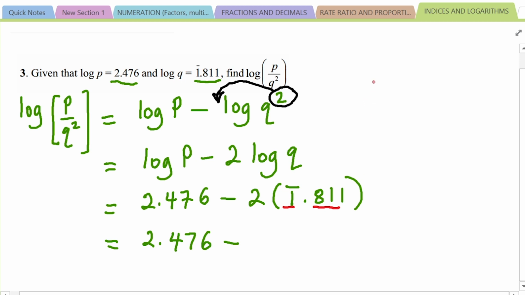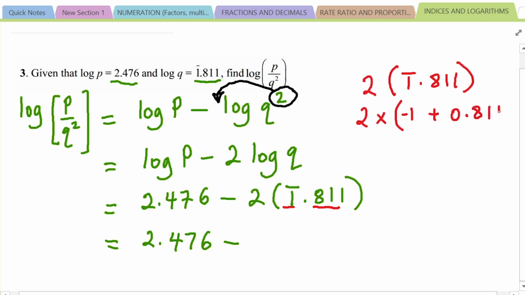Now let me do this as side work so that I come back down here with the final answer. So 2 multiplied by bar 1.811 is the same as 2 times, in brackets, negative 1 plus 0.811.